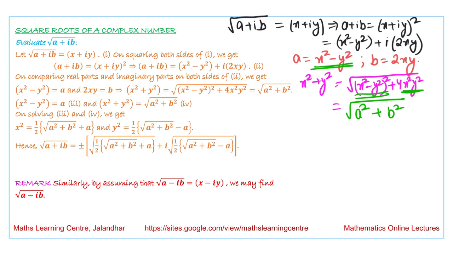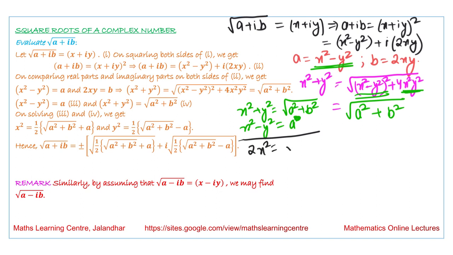Now we have two equations. One is x² + y² equal to the square root of a² + b². Second, x² − y² is equal to a. Now if we add both these equations, we get 2x² equal to the square root of a² + b² plus a.